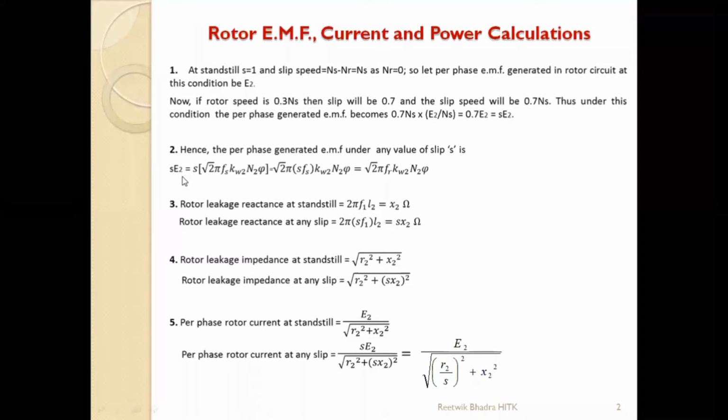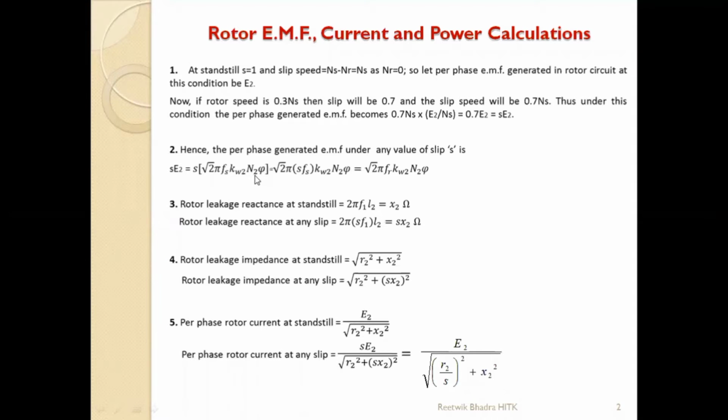SE2 over here, since it is a rotating machine and an AC machine supplied from the AC, the EMF equation will be the same. And we had also seen in our first lecture how the EMF will be affected by the winding factor. Since it is a distributed winding, it will be affected by winding factor. All other parameters are the same. So root 2 pi f Kw N2 phi. N2 I am taking because it is rotor.